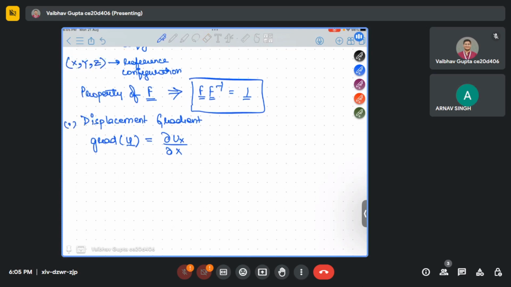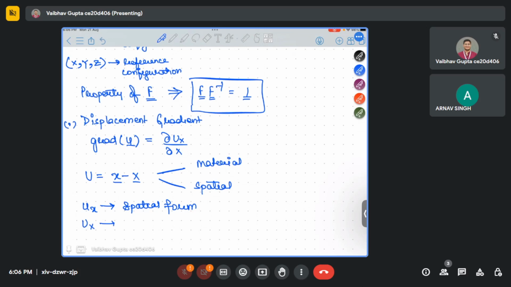You have seen in previous lectures that u is small x minus capital X. And we can define u in two forms, material form as well as spatial form. Correct? Yes, sir. So when I write u of small x, what will it represent? Spatial form. And if I write u in terms of capital X, what will it represent?